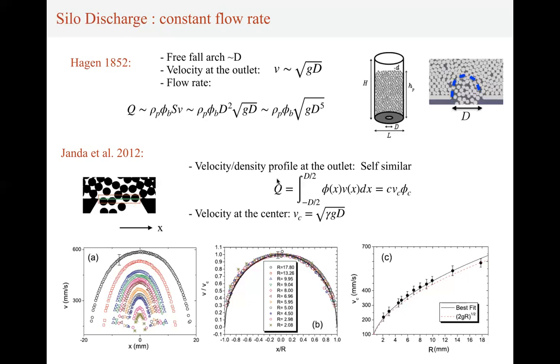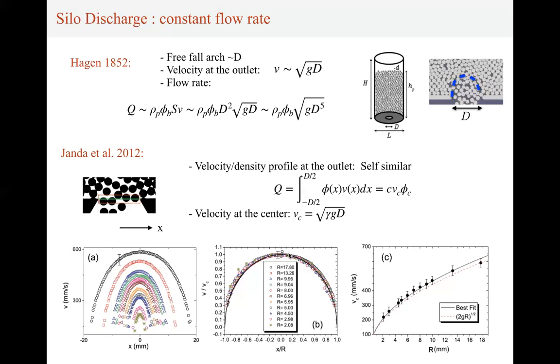And what they found is that if you plot the velocity versus the position for different outlet sizes, all the flow is self-similar. That means that if you divide the horizontal position by the radius, and divide the velocity by the maximum velocity, all the data collapse.